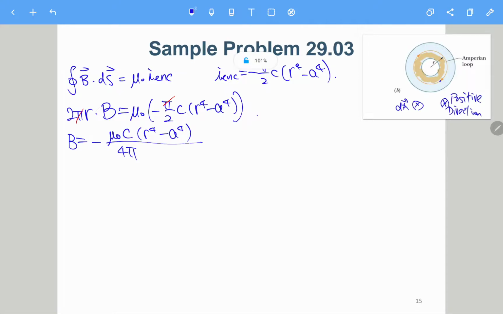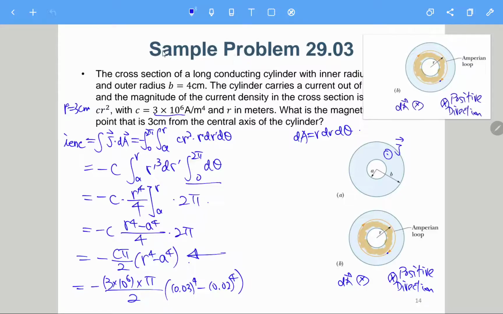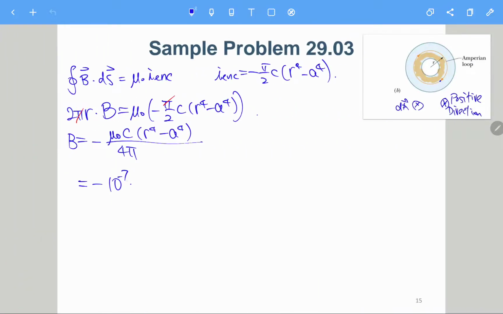So now we can plug in the values. You know mu naught is 4 pi times 10 to the minus 7. So together with this 4 pi, we have a minus 10 to the minus 7, and then times c, which is 3 times 10 to the 6th power, times 0.03 to the 4th power minus 0.02 to the 4th power.